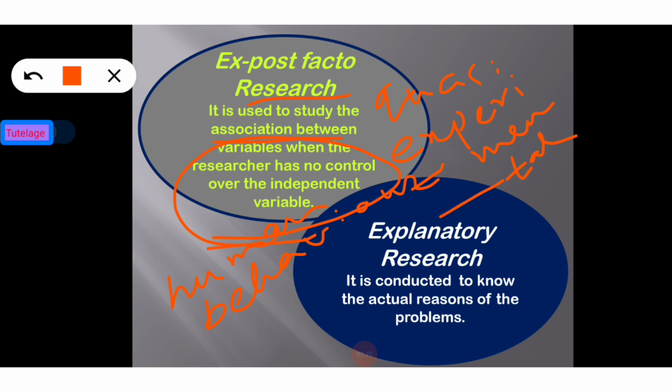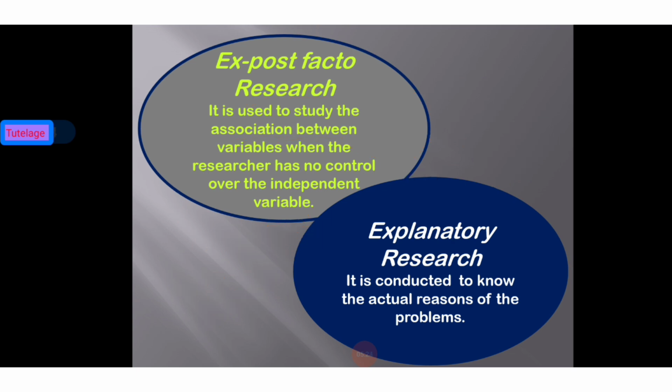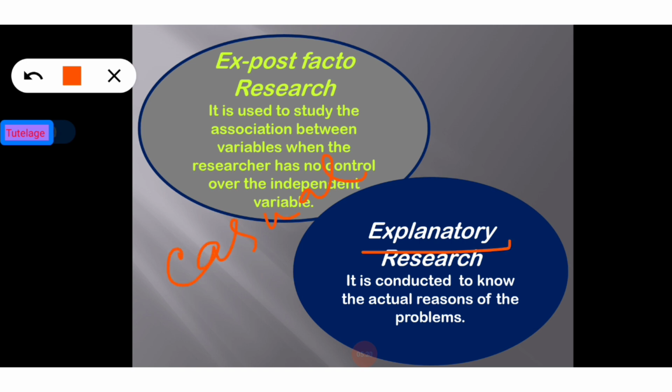So explanatory research is basically a causal research. Okay, so explanatory research is called causal research or descriptive research. Basically, it is conducted to know the actual reasons of the problem.